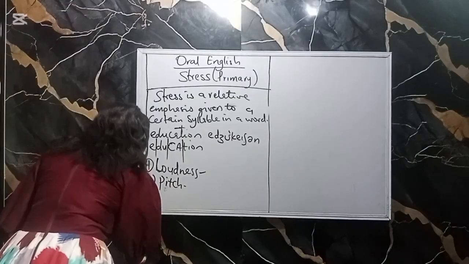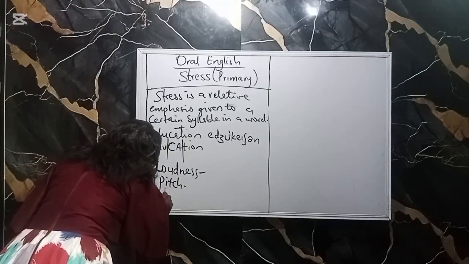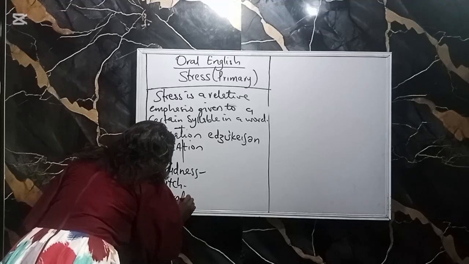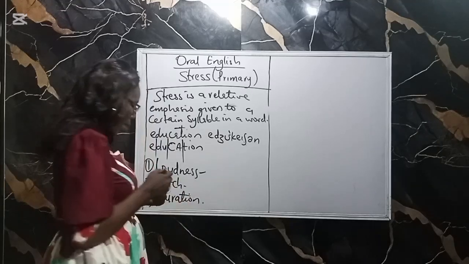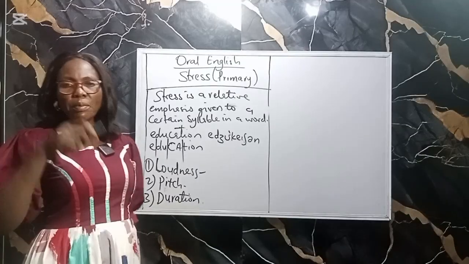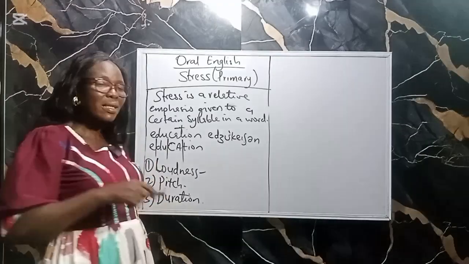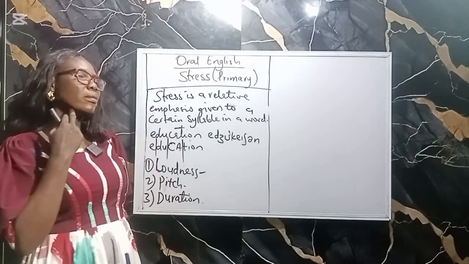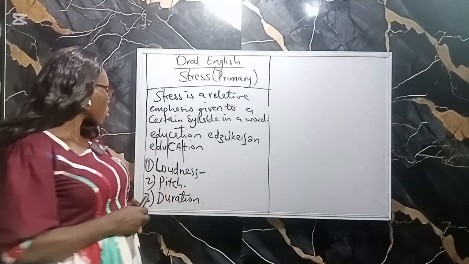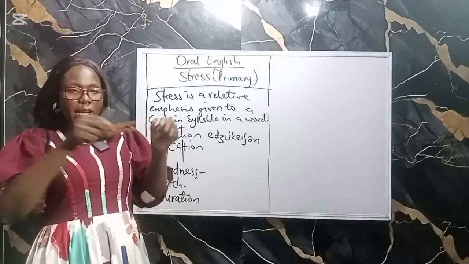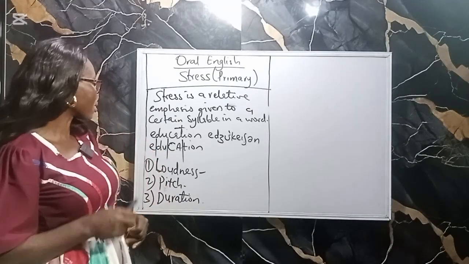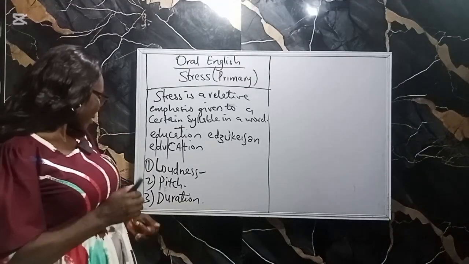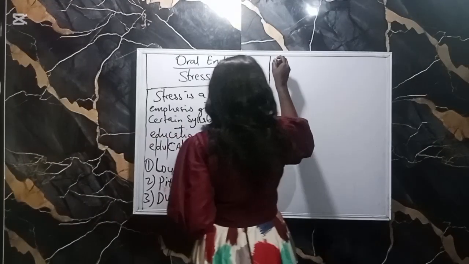Now, the next one is duration. That means we should make that syllable longer than the other ones. And that is what we did. Education. So that's it. Now, there is still one more, and that is clarity.